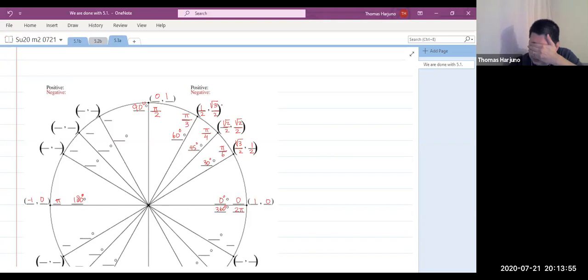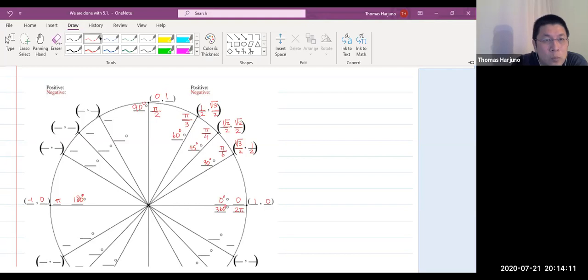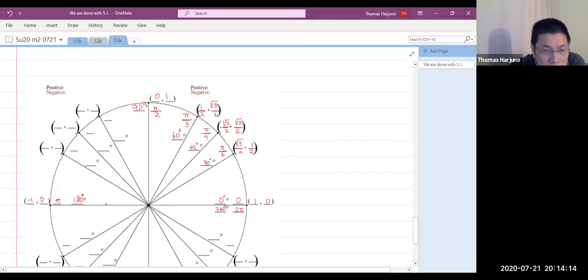Now, what happens with the special angles in quadrant 2? The special angles in quadrant 2 have the following behavior. This angle here is a special angle in which the angle to the negative x-axis is 30 degrees. This one is 30 degrees there.